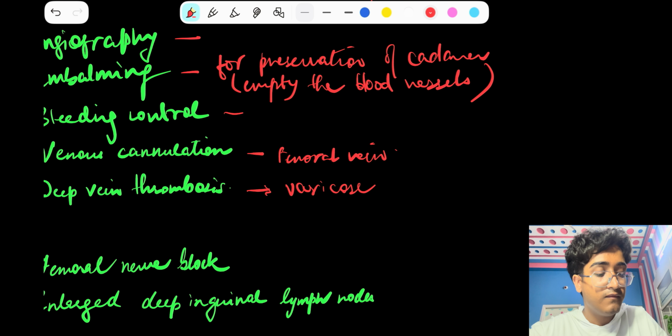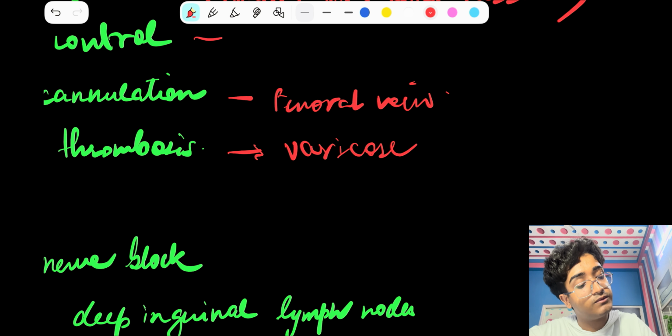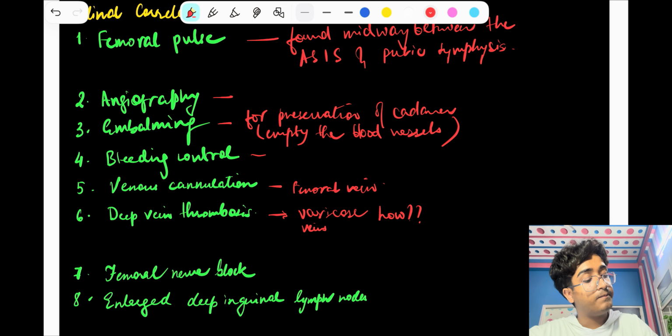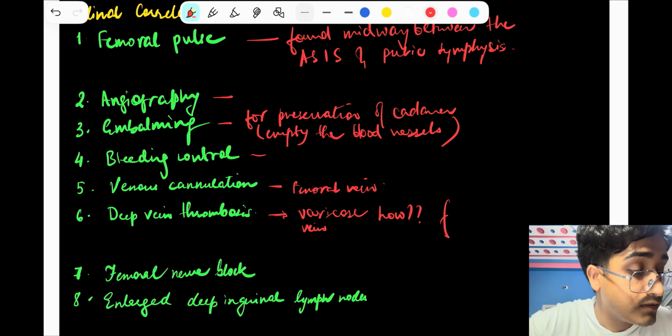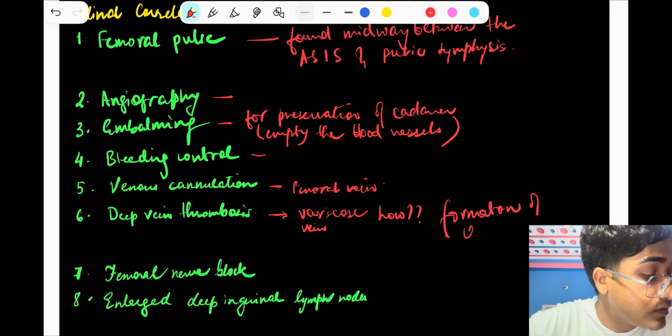We'll discuss this in the venous drainage of the lower limb in later videos, so stay tuned. This happens due to formation of a clot in venous blood vessels.